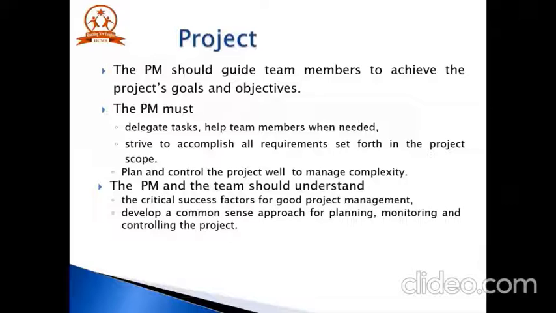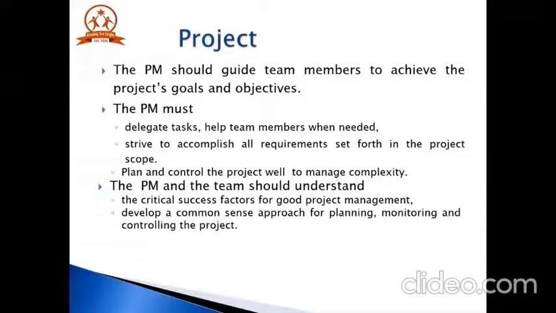The fourth P of project management is project. This is where the project manager's roles and responsibilities come into play. He or she must guide team members to achieve the project's goals and objectives. The project manager must delegate tasks, help team members when needed, and ultimately strive to accomplish all requirements set forth in the project scope.